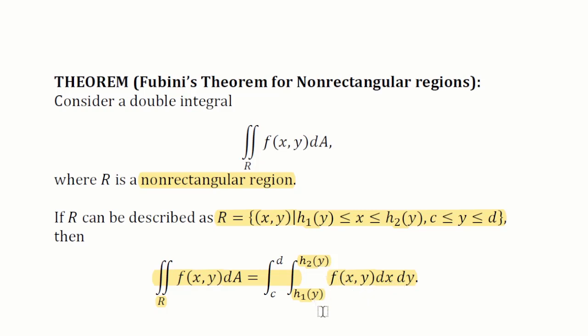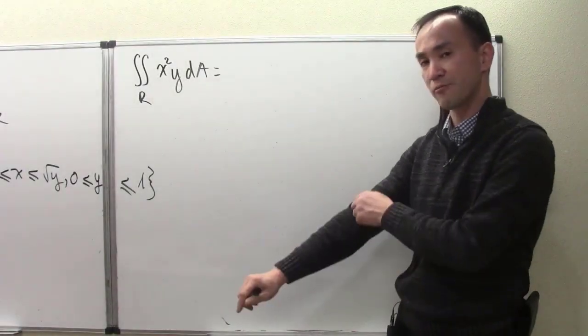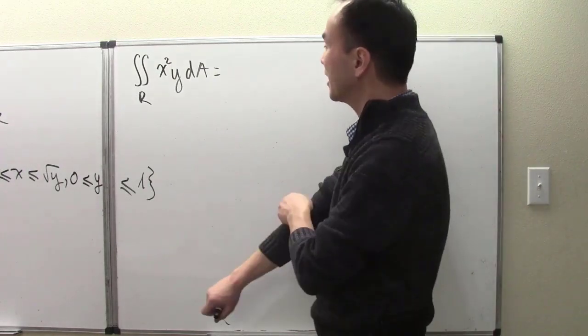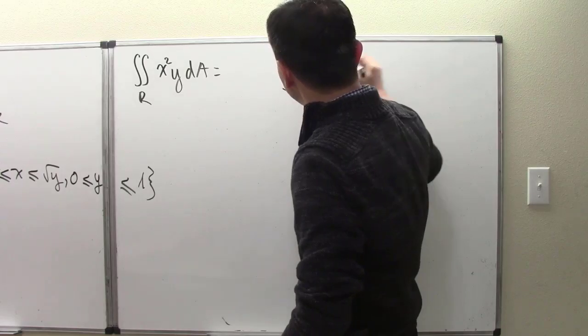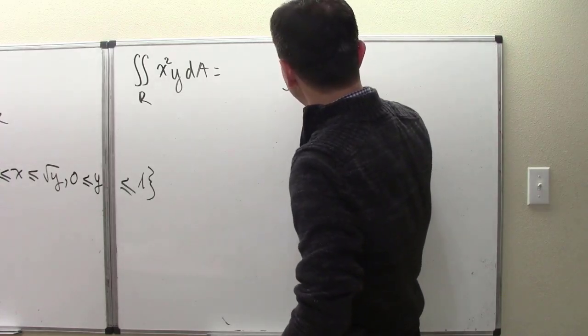Then once we're done with that, we integrate again with respect to the other variable, which remains from some constant to another constant. That's how we handle it in this case, if we recognize our general region as this set of inequalities. For the exact same problem, I'm going to set it up as follows. First, I'm going to integrate with respect to x. Our function here is x squared y.